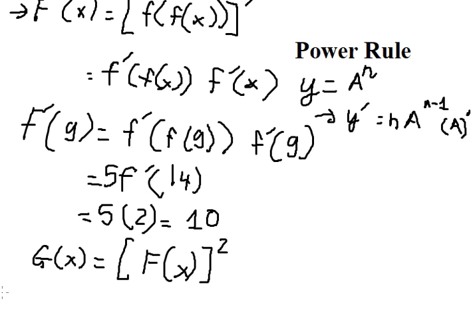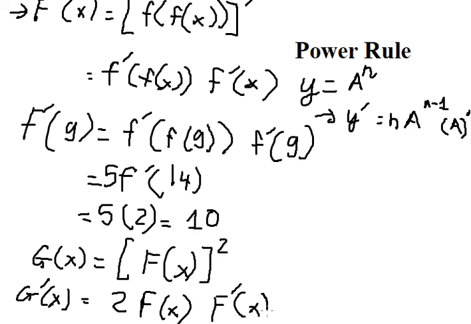So for this one, we have 2 capital F of s to the power of 2 minus 1. So we just have f of s. Later, we do first derivative of capital F of s. Now we need to put number 9 in here.